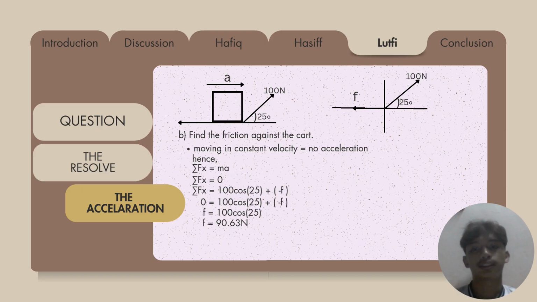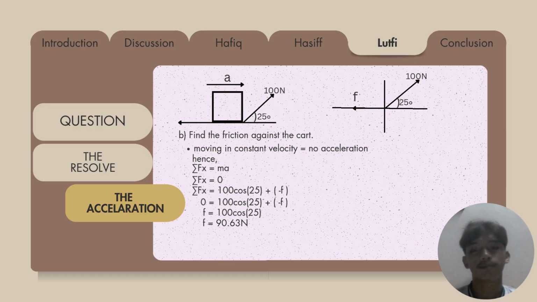Since acceleration equals 0, therefore mass multiplied by acceleration will be equal to 0. So the formula changes from summation of component x equal to ma to summation of component x equal to 0. And from that, we just need to look at each component x in the question, which is the component x of the pulling force and the component x of the friction force.